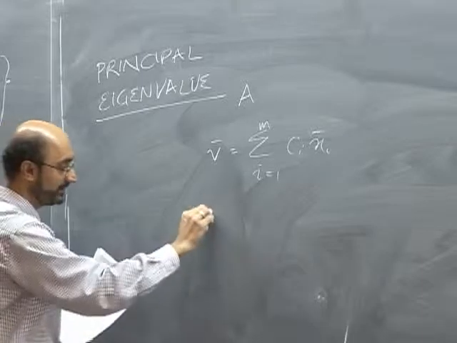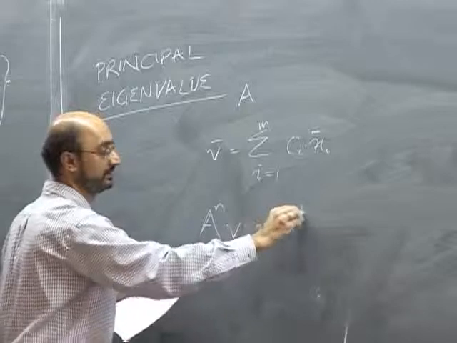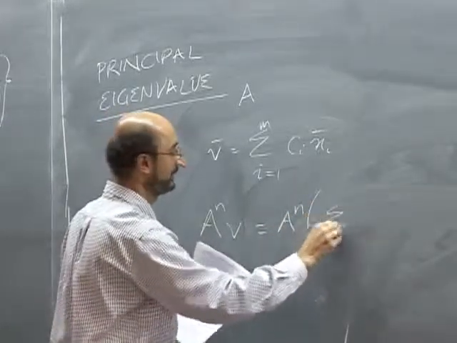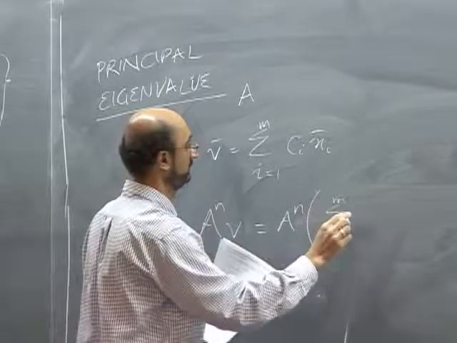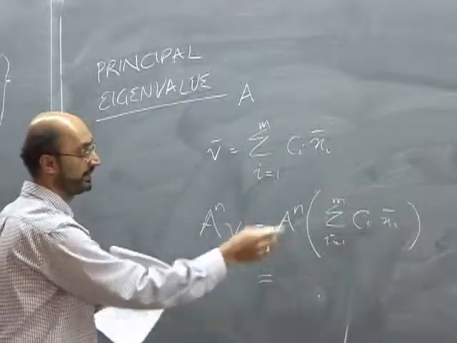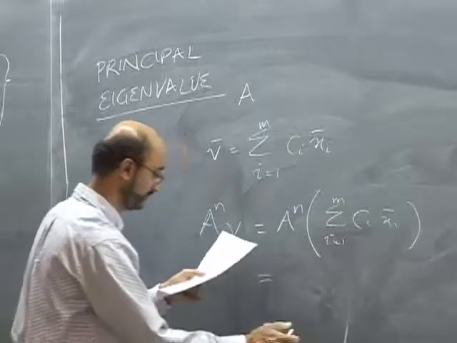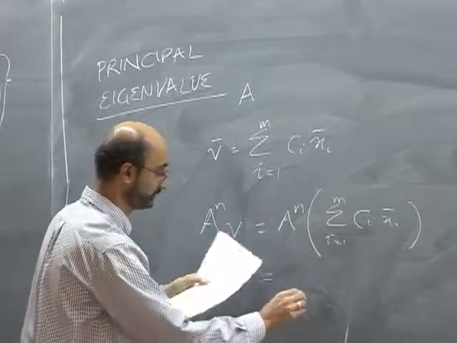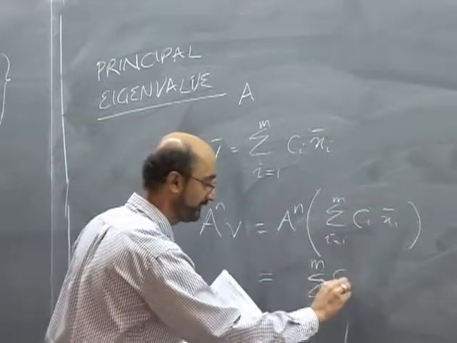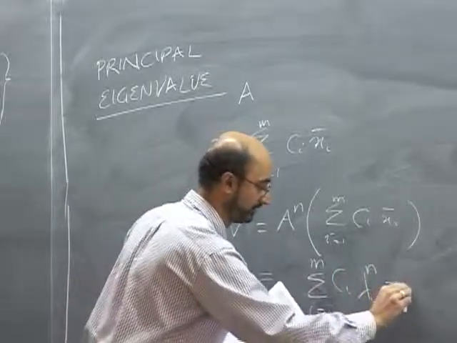Then we can say that A to the n applied to v is equal to A to the n applied to this sum over i equals 1 to m of c_i x_i, and by the fact that Ax is lambda x for these eigenvectors, we get the sum over i equals 1 to m of c_i lambda_i to the n x_i.